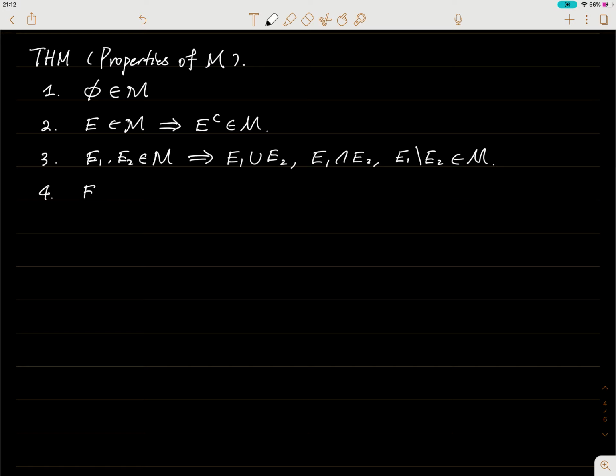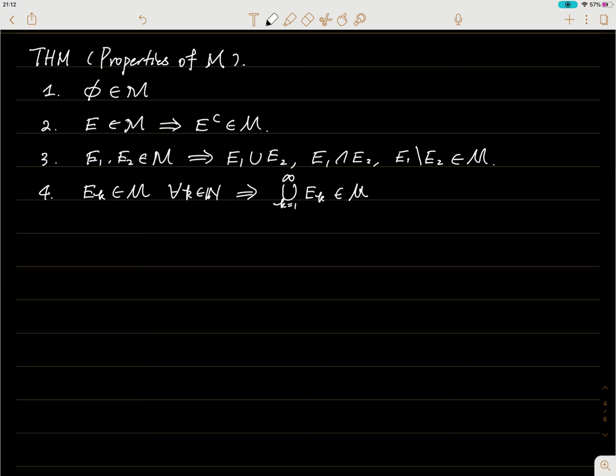And the last one is the countable additivity. If Ek is in M, is measurable for any k, then the union of them will be measurable.